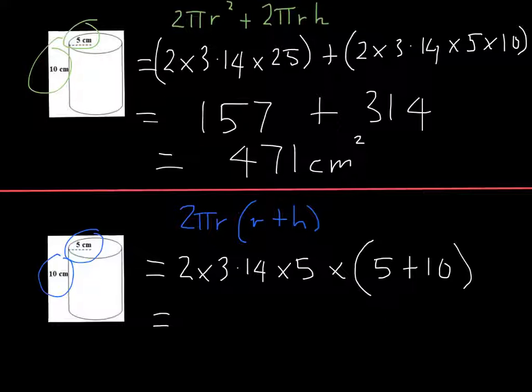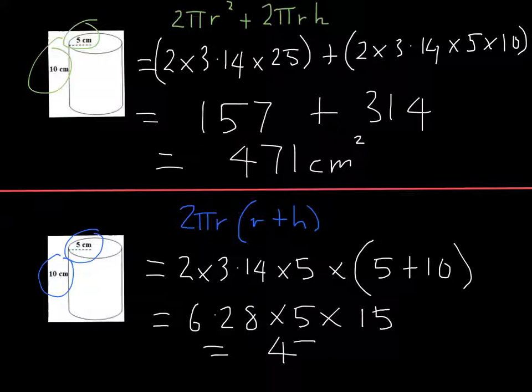That is equal to 6.28 times 5 times what's in the brackets, 5 plus 10 is 15. Putting 6.28 times 5 times 15 into the calculator, hopefully we get the same answer: 471 centimetres squared for our surface area.